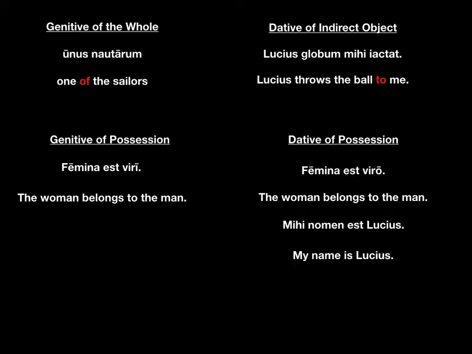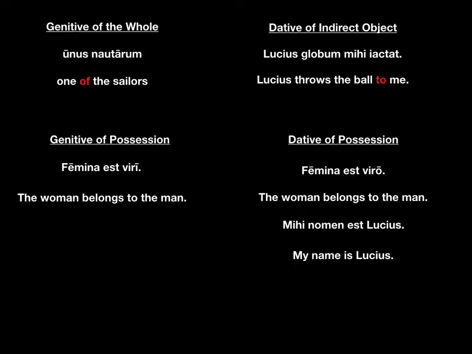You may not realize that when you say "unus nautarum," for example, you are using the genitive of the whole. You're saying one of a number of sailors. You're not using possession. This is not a case of possession. And so this is one of those times where you're using the genitive not for the basic meaning of possession.